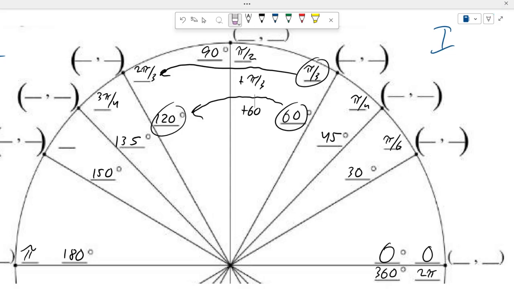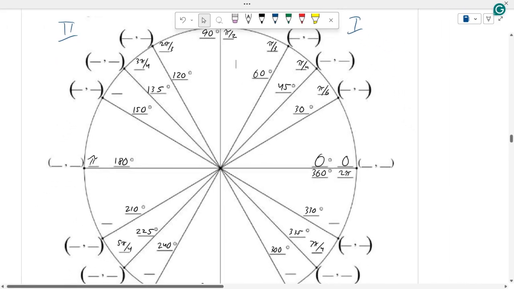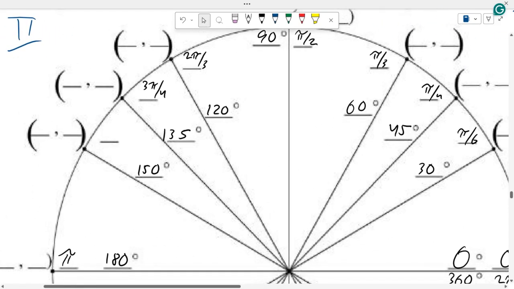I don't want extra stuff on the unit circle, so I want to make sure we erase all these extra notes. But that angle right there is 2 pi over 3. We should probably go in order, otherwise we're going to be bouncing around too much.